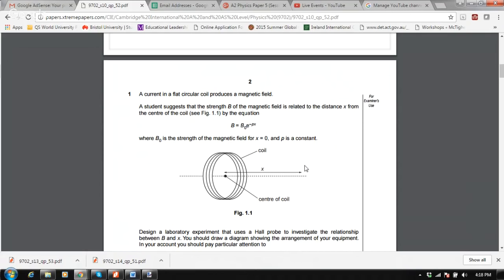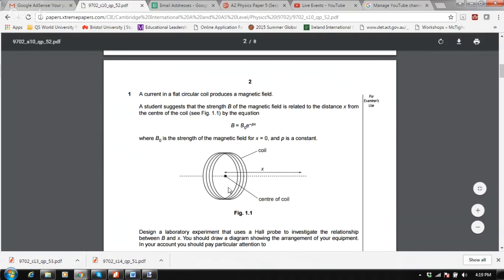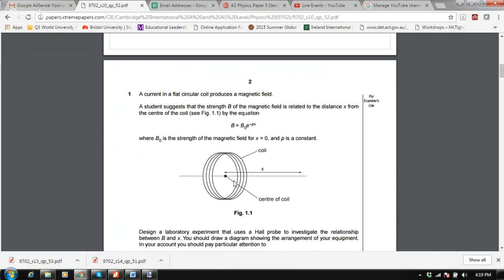Now, obviously, you know what is independent and what is dependent. So that means when you move away, the distance is working. आप जो change कर रहे हैं वो distance है. So distance is actually the independent variable, due to which the magnetic flux density is decreasing. So magnetic flux density decreasing means magnetic flux density itself is dependent on the distance.